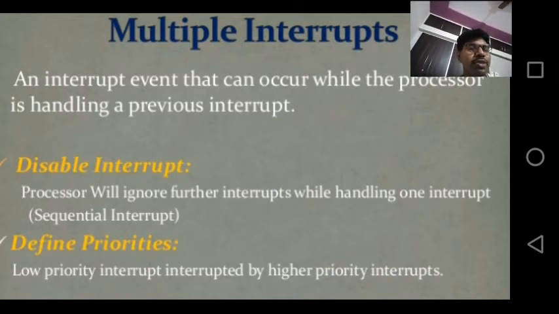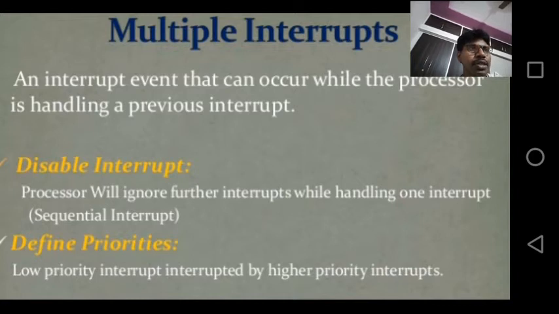But in a real world scenario, it is not the case. We are assigning priorities to the interrupts, so it is definitely important to give preference to the higher priority interrupt.